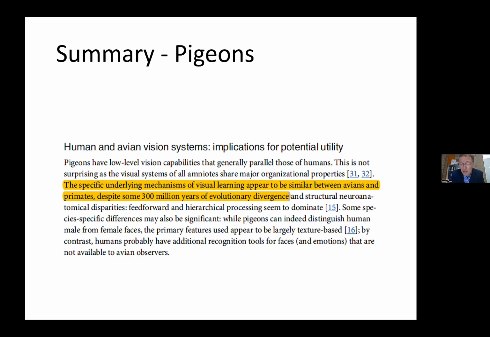Structural neuroanatomical disparity means that a pigeon's brain is this big and our brains are this big, and you can't get more structurally disparate than that. And yet pigeons have a tremendous need to be able to discriminate their environment and food, and so you can imagine that that comes across.